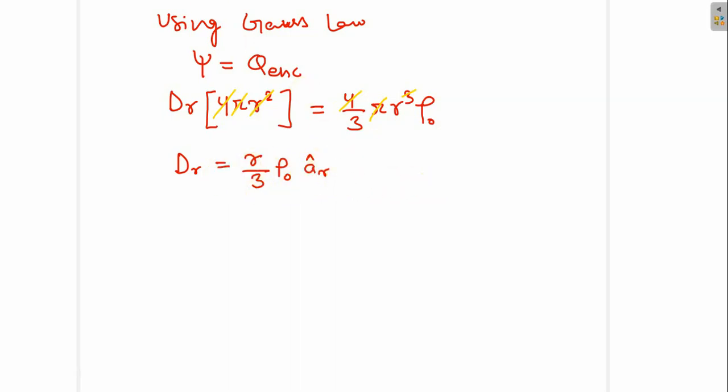And for which case have we determined the value of electric flux density? For the first case, when the radius of the Gaussian surface, that is r, is between 0 to a, means the Gaussian surface is lying inside the charged sphere.